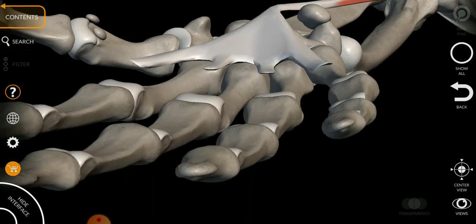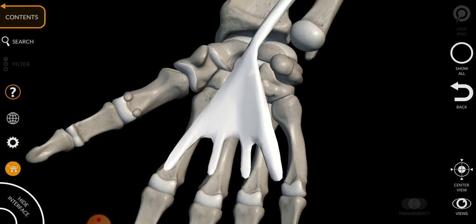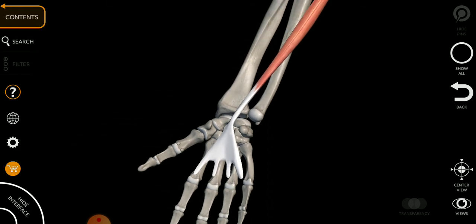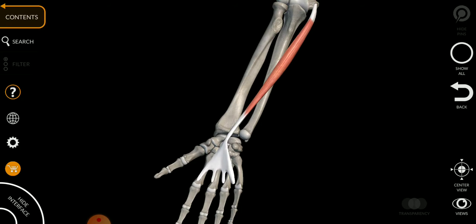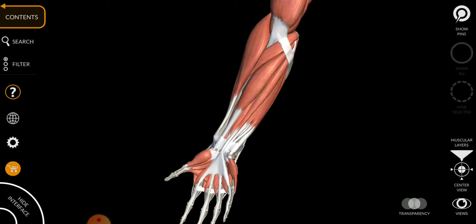So where are they inserting? They are inserting into the aponeurosis of your palm, the palmar aponeurosis. What is the function of this muscle? The function is again flexion of your hand and abduction of your hand, and the innervation is C7 and C8.